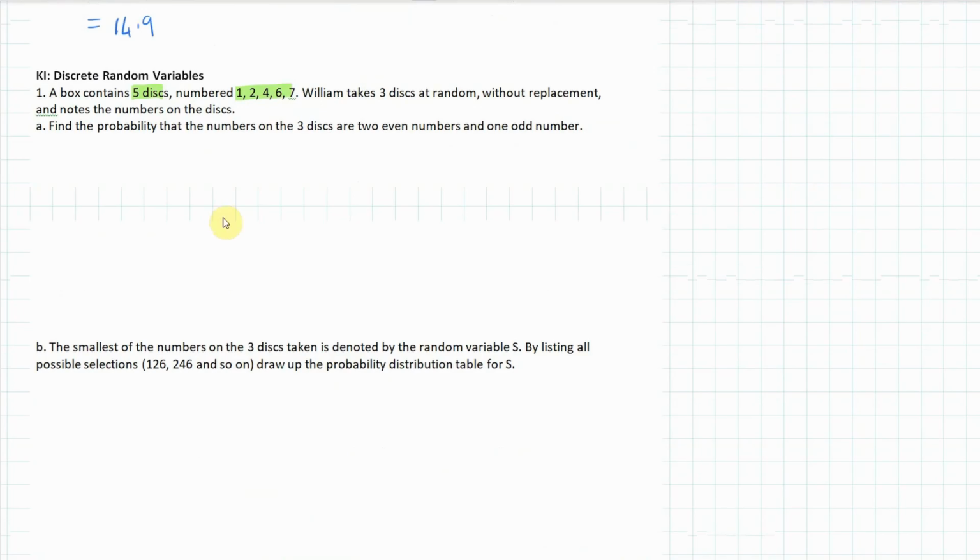Okay, so the ways you can do this: you can go odd, even, even, or even, odd, even, or even, even, odd. Now, what is the chance of these? The first one is odd, and then the rest are even.